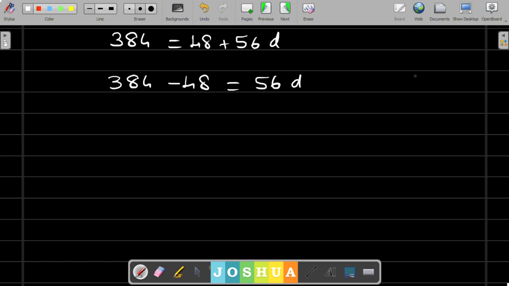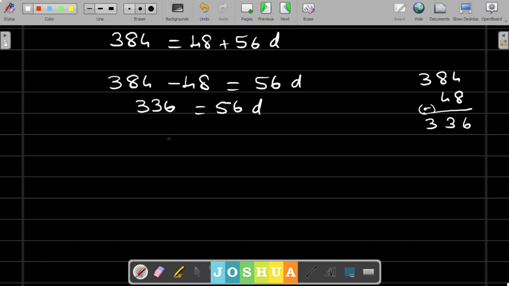Do it separately here: 384 minus 48, 14 minus 8 is 6 and 7 minus 4 is 3, and here 3 sixes is 336. So 336 is equal to 56d, or d is equal to 336 by 56.